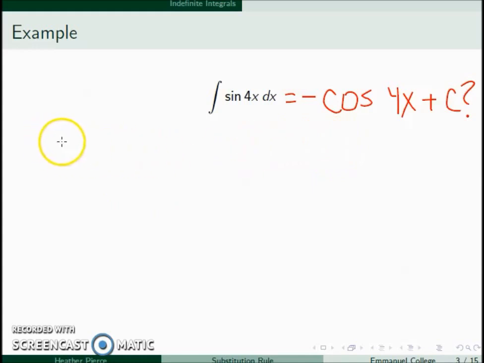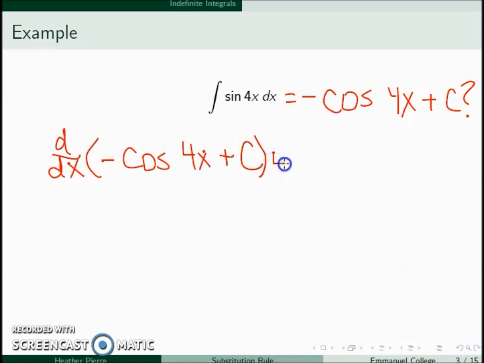Well, if I try to take the derivative of negative cosine 4x plus c, I get 4 sine 4x, which is not really what I want.